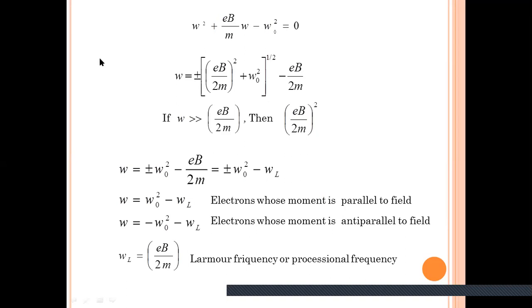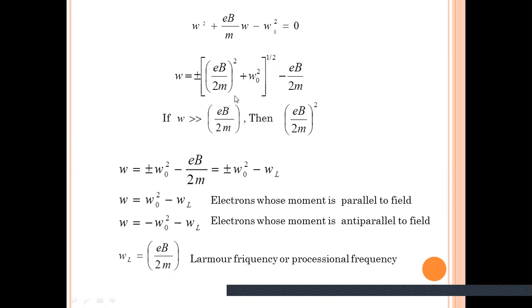As this is a quadratic equation, we will solve it. By solving this equation, we get two values of omega in terms of omega 0: omega equals plus or minus, in brackets, (eB upon 2m) whole square plus omega 0 square, raised to the power half, minus eB upon 2m. If we consider omega 0 to be much greater than eB upon 2m, then this term can be neglected.